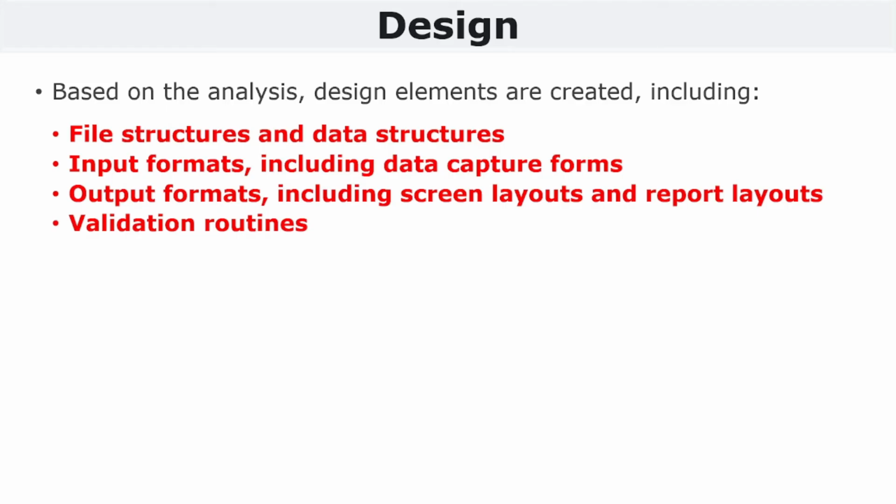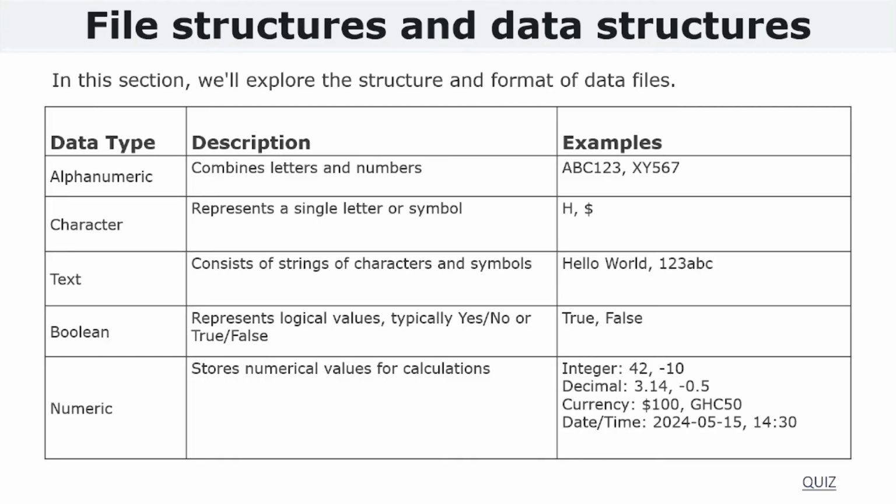So let's take the first one, which is file structure and data structure, and digest that further. When we look at the file structure or the data structure, basically we just want to look at the data types, okay, and the descriptions you give to each data. If you are designing a database, for example, each field needs to have a specific data type.